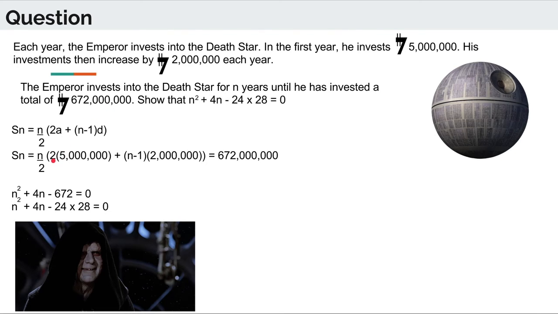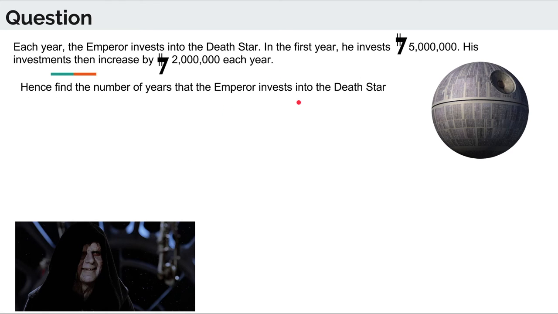So we put everything into the formula, we simplify, we rearrange, and I have missed out those steps because we're using big numbers and I just can't be bothered. So you end up with n squared plus 4n minus 672 is equal to 0. Minus 672 can be written as minus 24 times 28, and that's how you show that n squared plus 4n minus 24 times 28 is equal to 0.